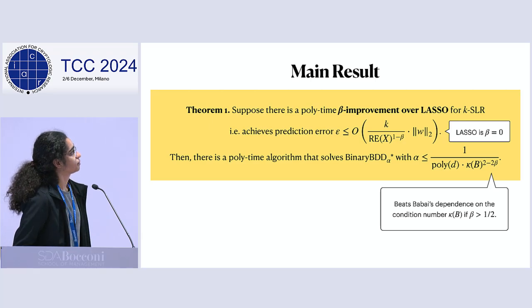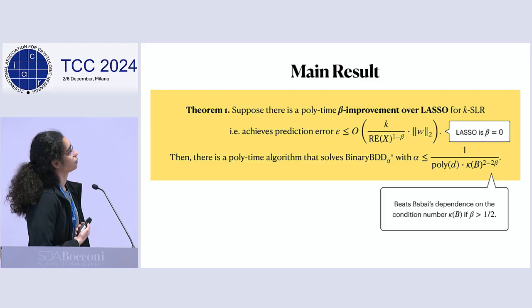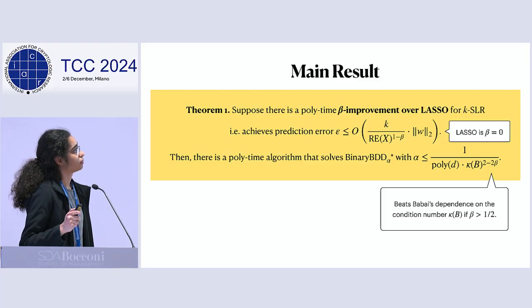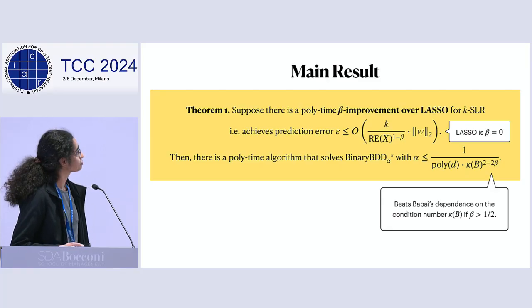Okay, so what do I mean by a beta improvement over lasso? What I mean by that is that the prediction error bound is going to be inversely proportional to the RE constant of X to the power 1 minus beta. And lasso was when beta is equal to 0.